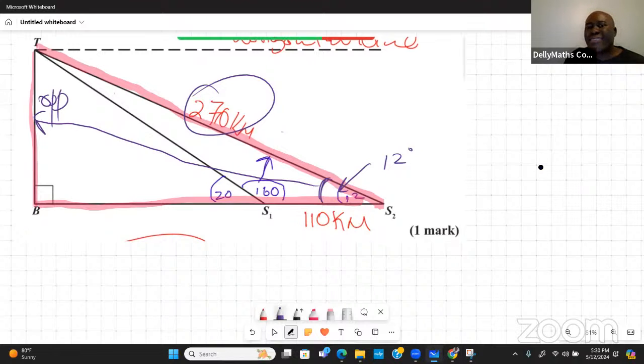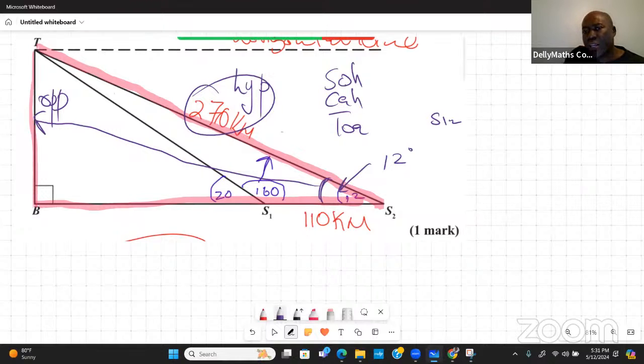So because it's a right triangle, I'm going to have to think of SOHCAHTOA. And the sine is going to deal with opposite and hypotenuse. This is the hypotenuse. So then, in an effort to find the height TB, the sine of the 12 degrees will equal the opposite side, which is TB, over the hypotenuse side, which is 270.